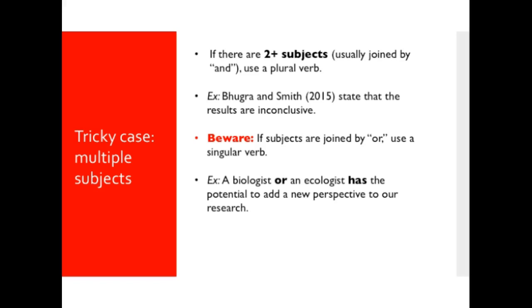But if the subjects are joined by an or, then we need a singular verb because truly the subject is one or the other, not both. So a biologist or an ecologist has, for our singular verb, the potential to add a new perspective to our research. If it were a biologist and an ecologist, then we would have have as our verb there.